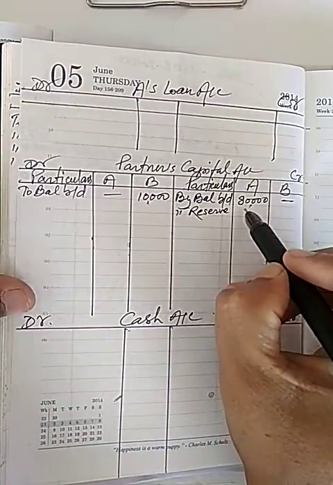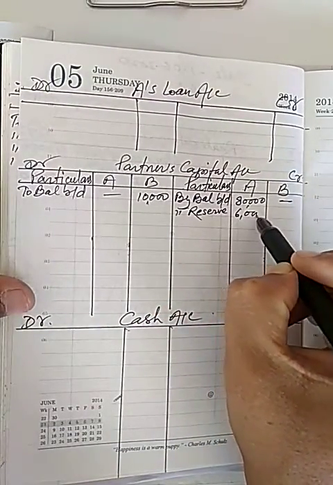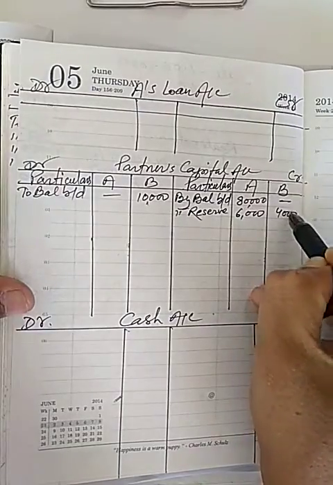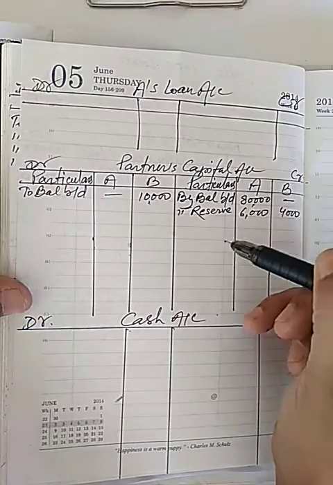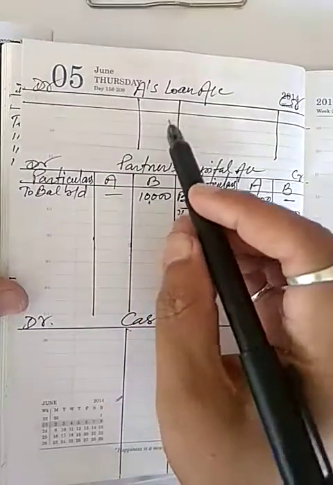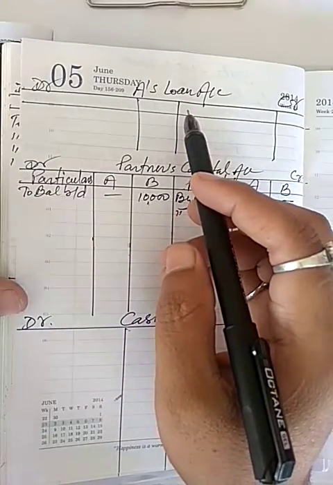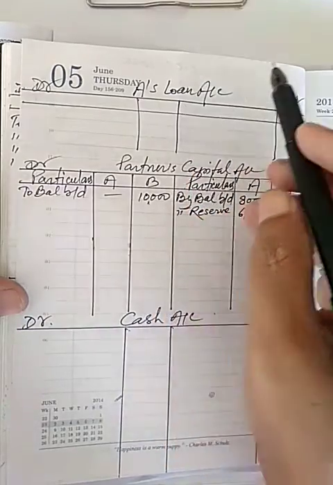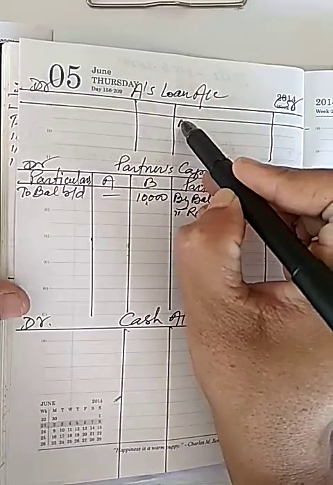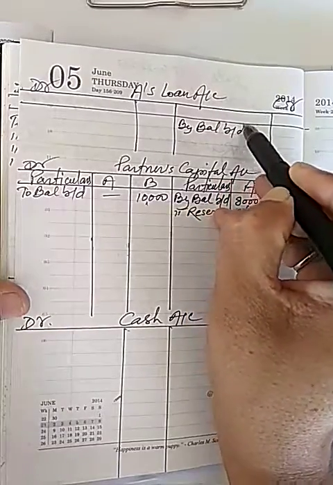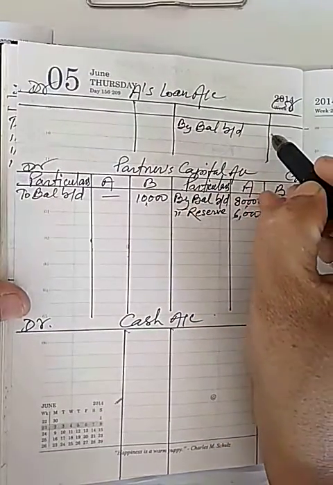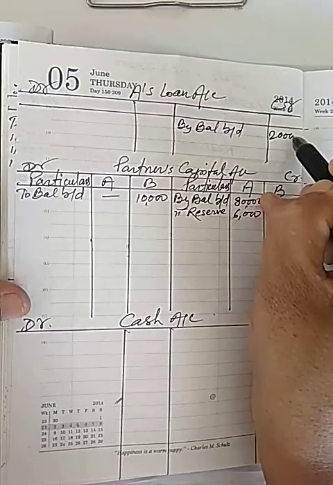So it will be 6,000 and 4,000 respectively. Now next thing is A's loan, also given on the liability side, so I will transfer by balance b/d in A's loan account. It is given 20,000.